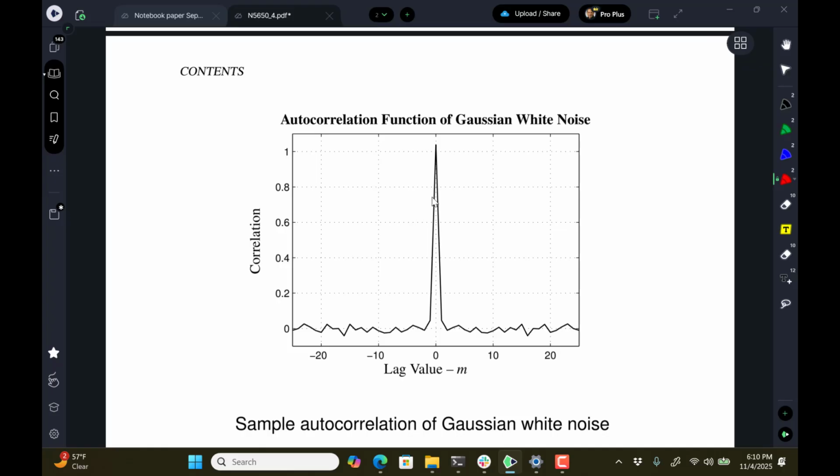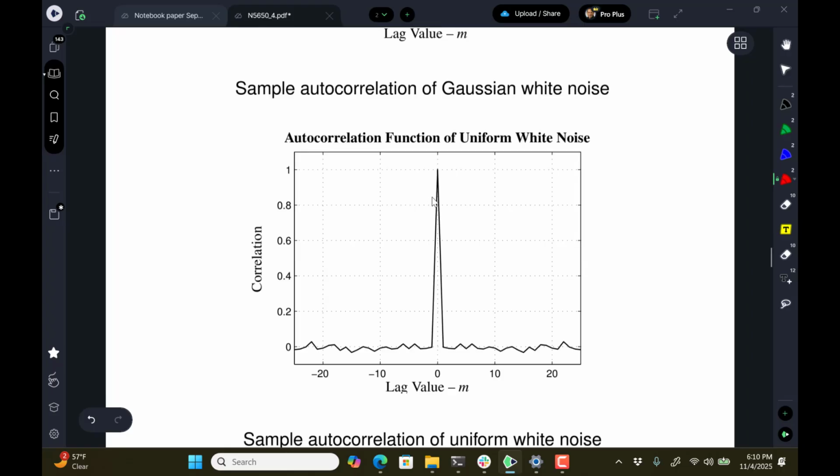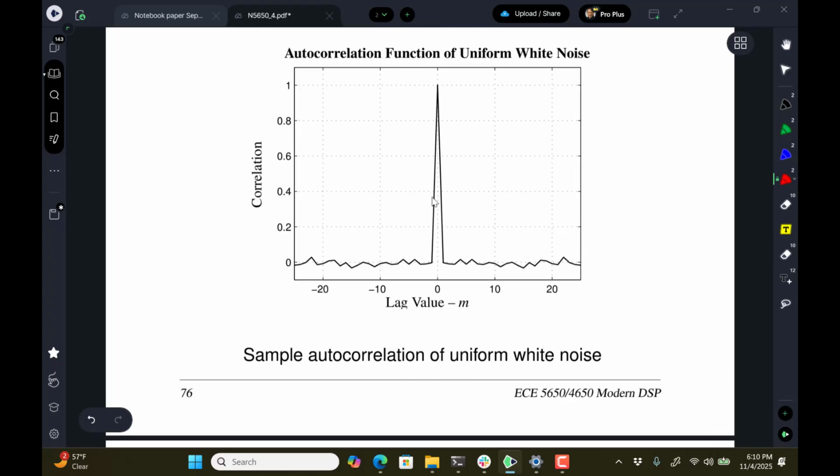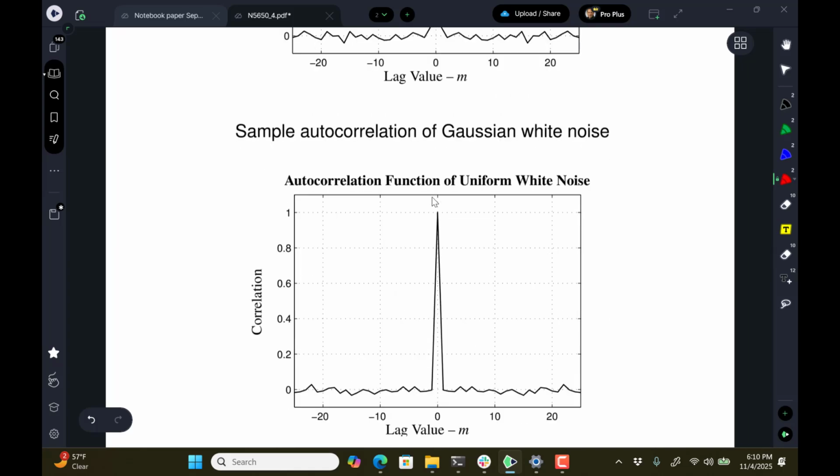It spikes up to about 1, and then it hangs around 0 the rest of the time, meaning that it's uncorrelated. For the uniform and the Gaussian, it's very similar, not identical, but similar. And because these are estimates, the numbers are not perfect. It's not perfectly 0 when the lag is not 0, and it is not perfectly 1 when the lag is 0. But it looks pretty good.